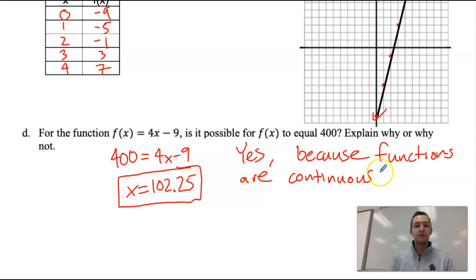But in this case, we can plug in literally any number that we want for x, and because it's a line, again, it goes infinitely in both directions. It covers all of those values in between our red dots here, unlike our sequence, which is only our restricted discrete outcomes that we see as our points at the graph at the very top part of the page. So again, yes, this is possible, again, because our functions are continuous.